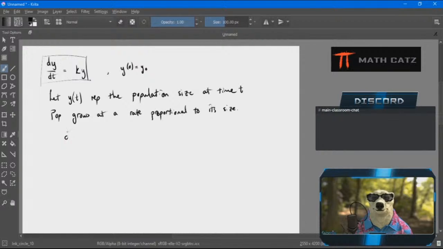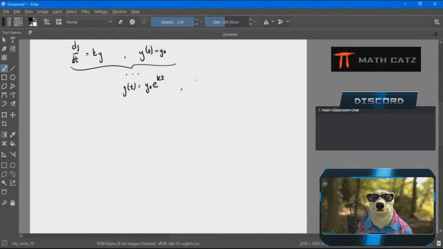And we found that, let me just copy the differential equation over here with my initial condition. This together, after a few steps, we get our exponential growth function, initial population size times e to the kt.